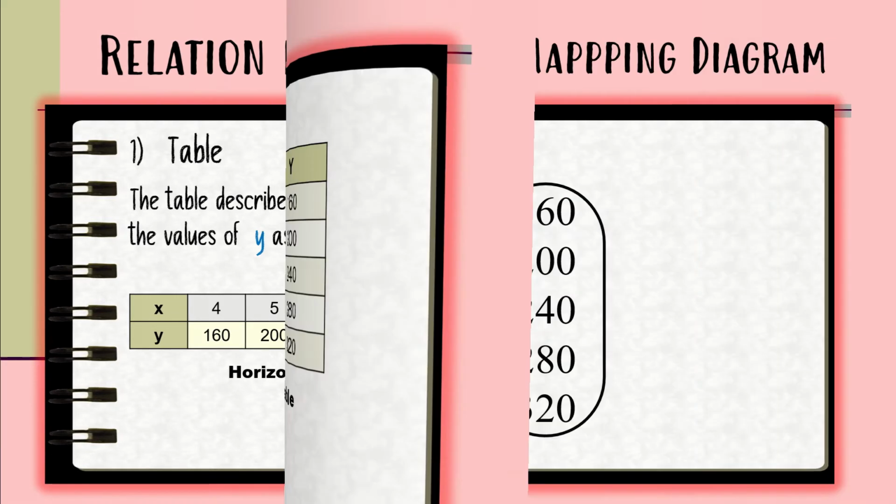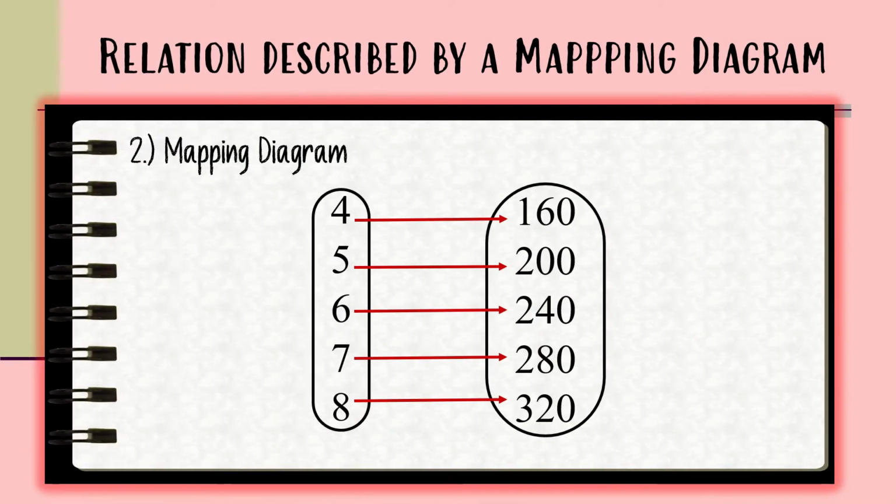For the mapping diagram, we have this example. This mapping diagram shows 4 is mapped to 160, 5 is mapped to 200, 6 is mapped to 240, 7 is mapped to 280, and 8 is mapped to 320. I will give you more examples of mapping diagram later on.